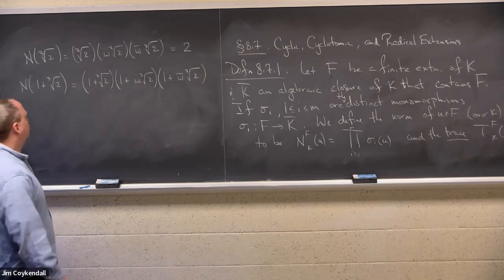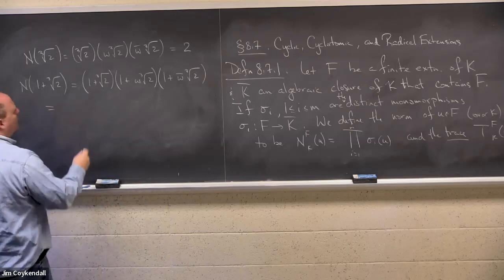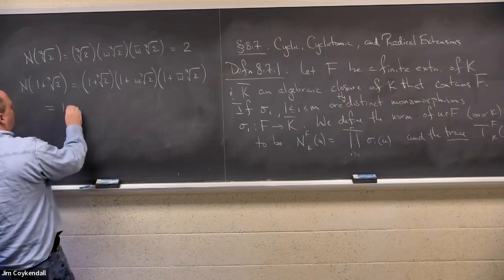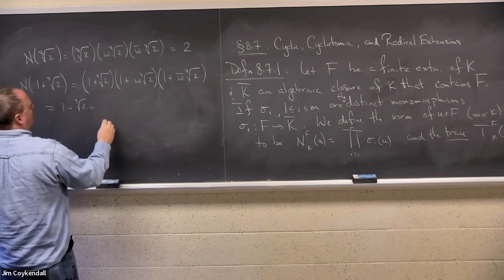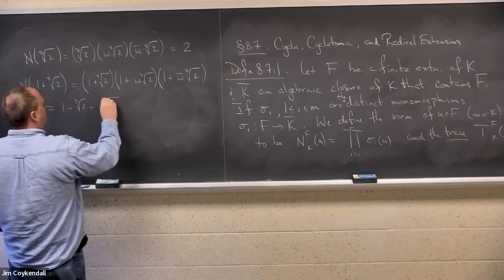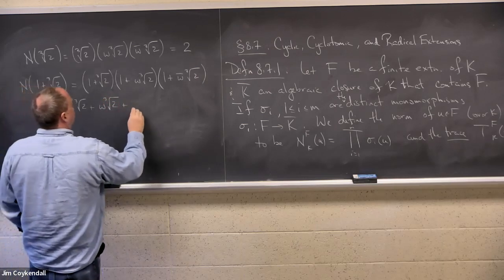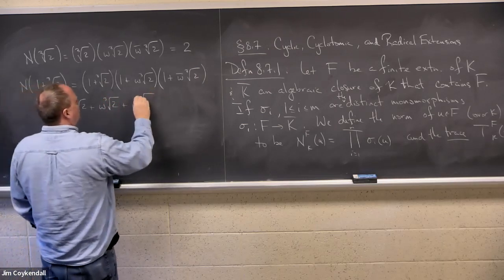And this is kind of obnoxious to multiply out, but I'll go through the trouble. This is 1 plus cube root of 2 plus omega cube root of 2 plus omega cube root of 4.